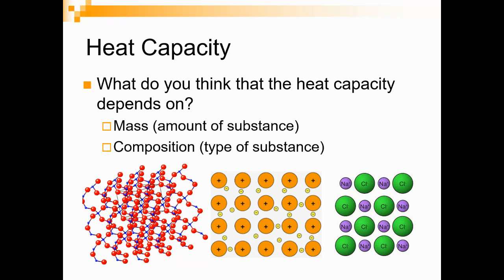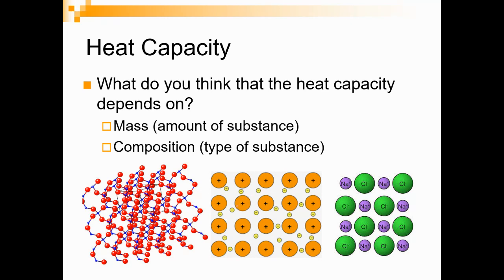If you look here, I have 3 different types of substances. I have water on the left here, I have a metal in the middle here, and I have sodium chloride on the right-hand side. And each one of these substances, because of the way their molecules or their ions or atoms are held together, can absorb heat in different ways, because heat causes molecules to start moving faster, and molecules moving faster is what temperature is related to.